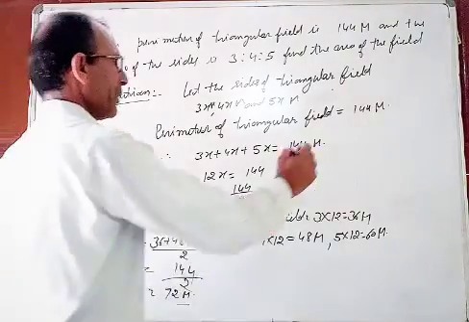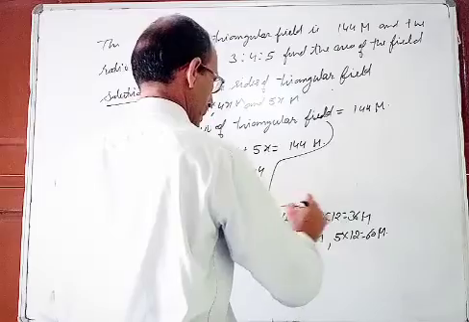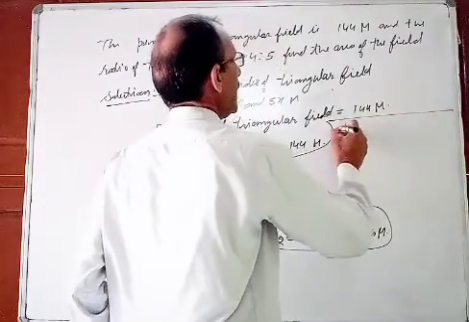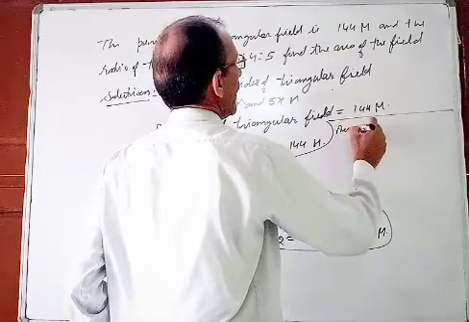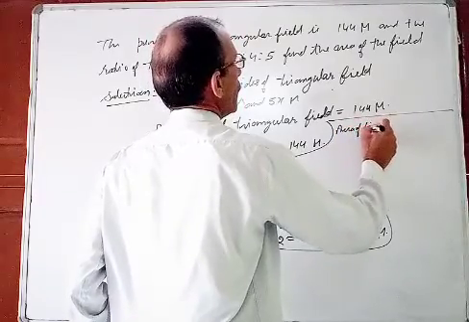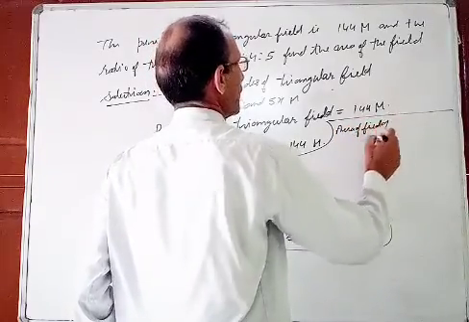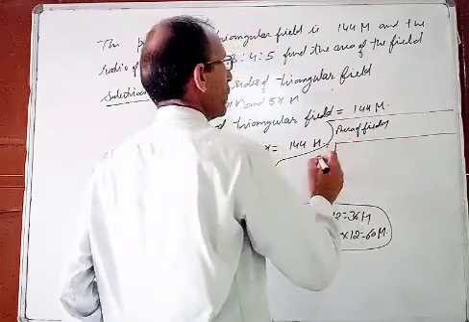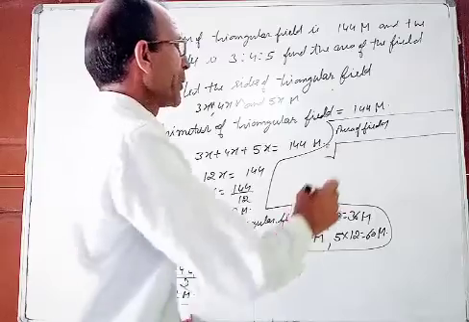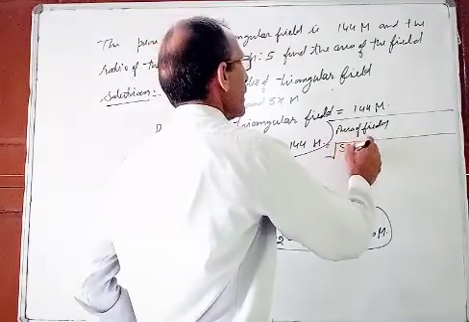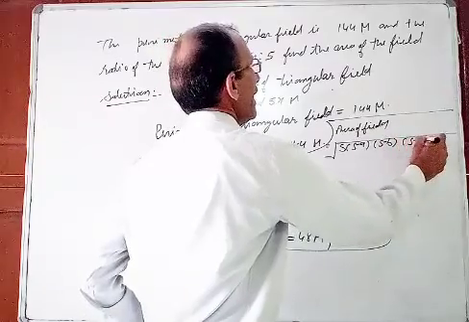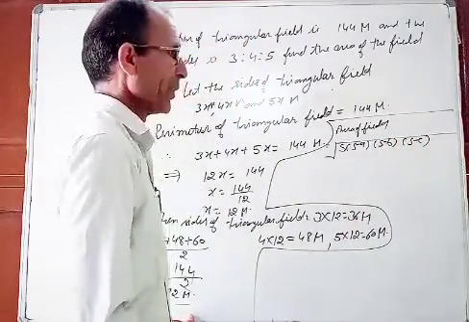Now the area of the field. The formula you know. What is the formula? Root of S into S minus A, S minus B, S minus C. So what is S?